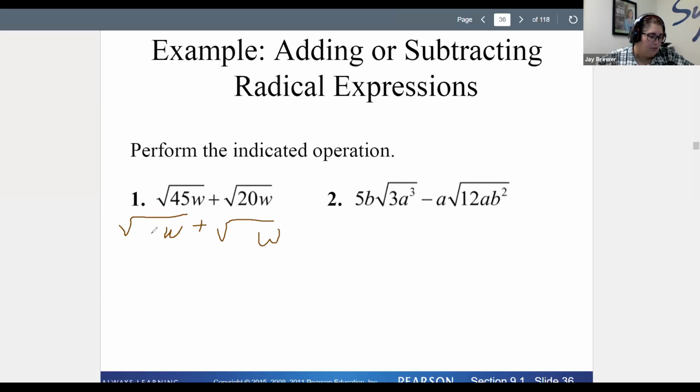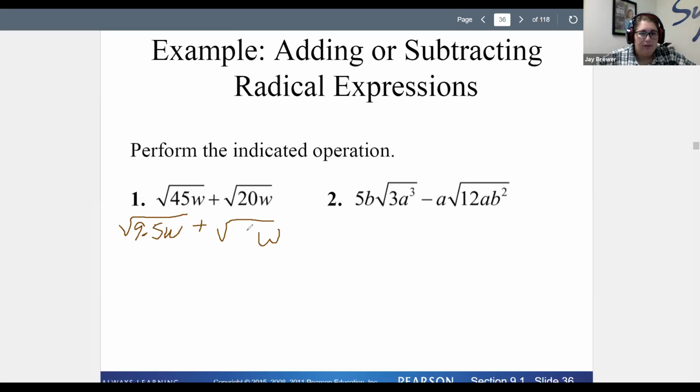45 has what perfect square in it? 9. So 9 times 5. So what I like to do in these situations is I try to find the perfect square of one of them, and then 9 times out of 10, you're going to be able to find a like factor in the second one.